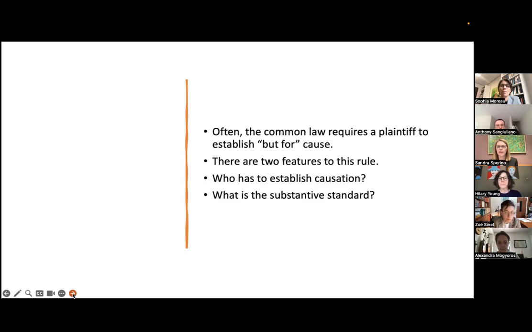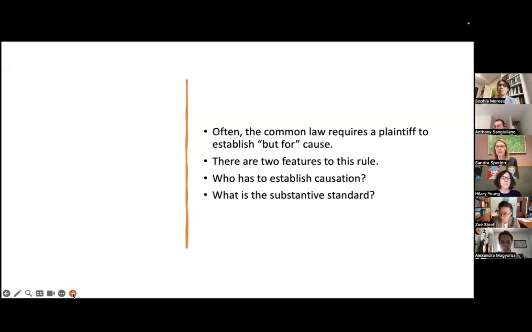And we're going to see in a minute that the Supreme Court, at least when it first started struggling with causation in the discrimination context, saw these two concepts as separate. In other words, when we're thinking about causation, there are two separate ideas. The first is who has to establish causation, and sometimes that will be the plaintiff and sometimes that will be the defendant.